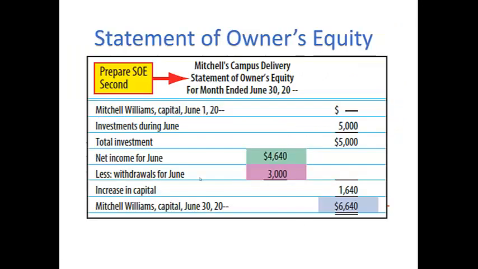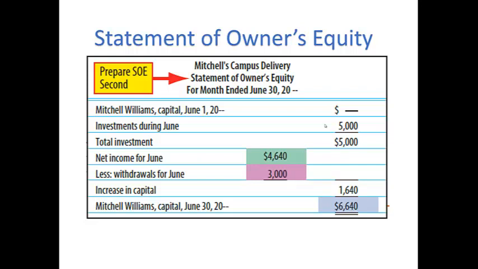Mitchell started his business in June, so his beginning capital is $0. He made an investment during the month of $5,000, so his total investment is $5,000. Now, if we looked at our worksheet with Mitchell's information, the capital balance would have $5,000. The only way we would know that it started with a 0 and he made an additional investment of $5,000 is by going to the general ledger and looking at the capital account.